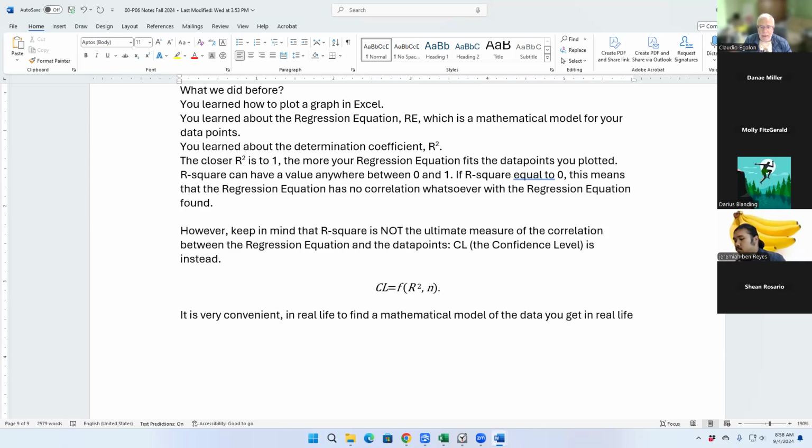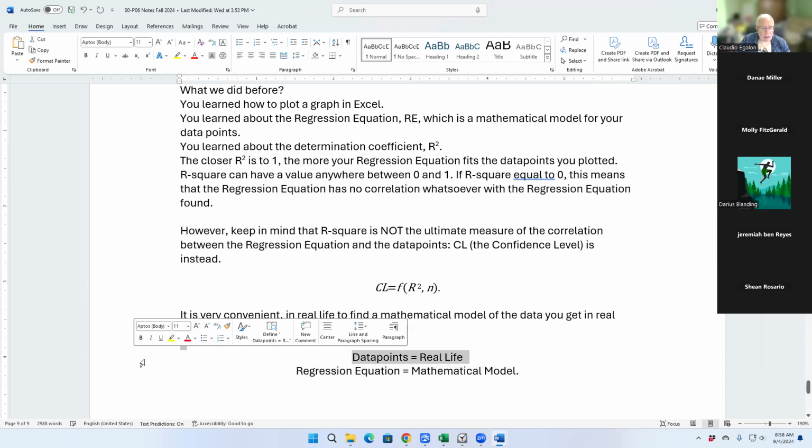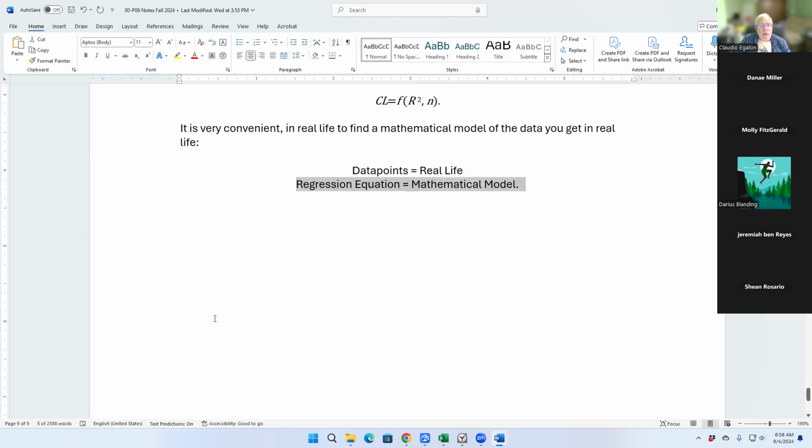It helps us a lot to design equipment and figure out, for instance, the lifetime of a given device that you have invented. Keep in mind the following: data points that you get in your experiments is what I call real life, whereas the regression equation is nothing but the mathematical model of your real life experiment.